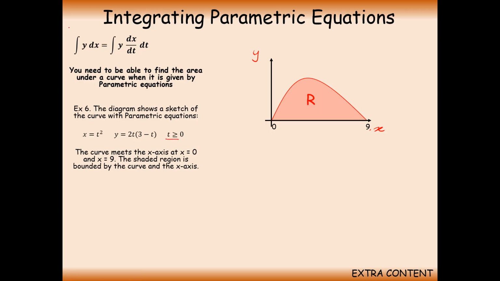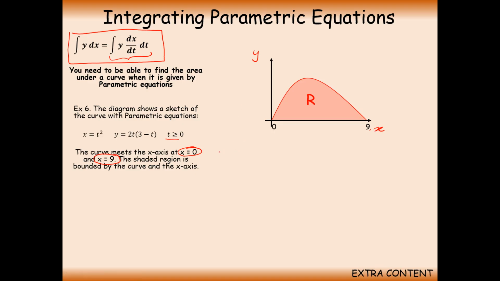Yes, we know that we're going to use this equation and substitute values here, but we have some more work to do, because when x is 0 and when x is 9, we need to know what the value of t is. So let's find out.